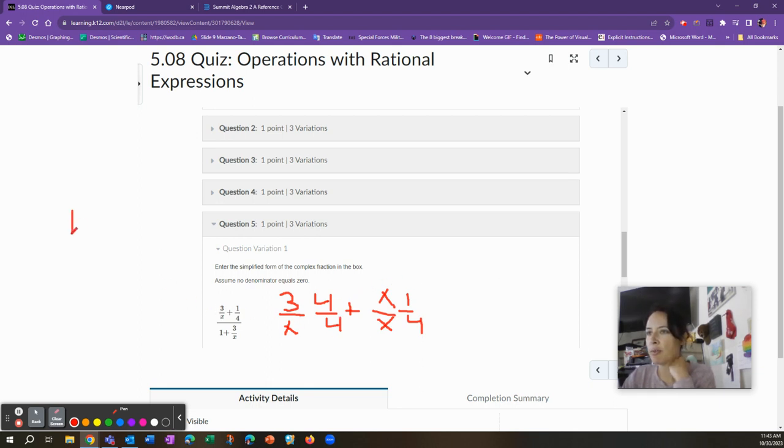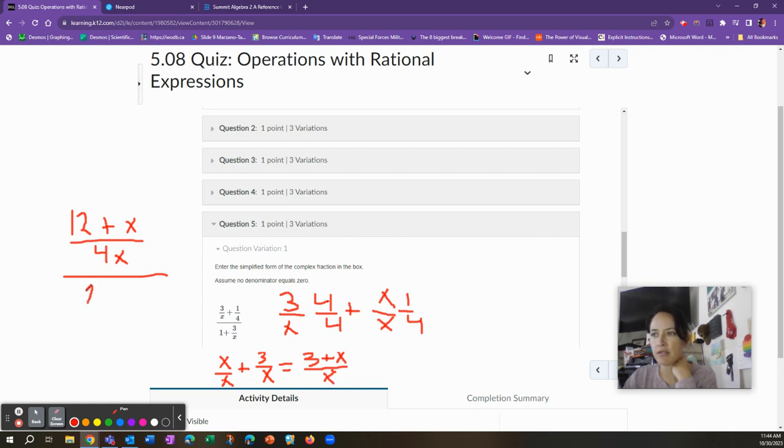And so the whole numerator would become 12 plus x over 4x, right? That's what this top part becomes. Down here, we figured out, well, 1 can be written as x over x plus 3 over x. So that's just going to become x plus 3 all over x. I'll write it as x plus 3 just because that's the order that it would have been in. It doesn't really matter.